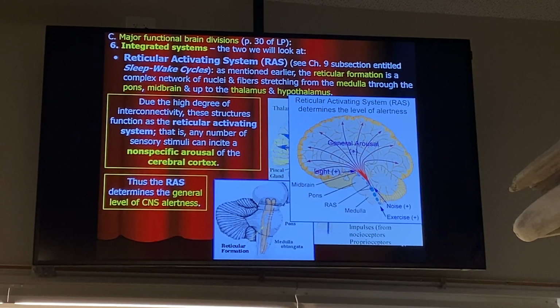It works as the reticular activating system. That's the physiology. Reticular formation is the anatomy, reticular activating system is the physiology.